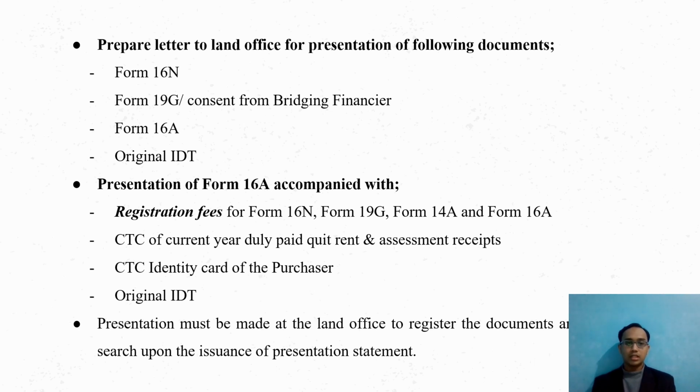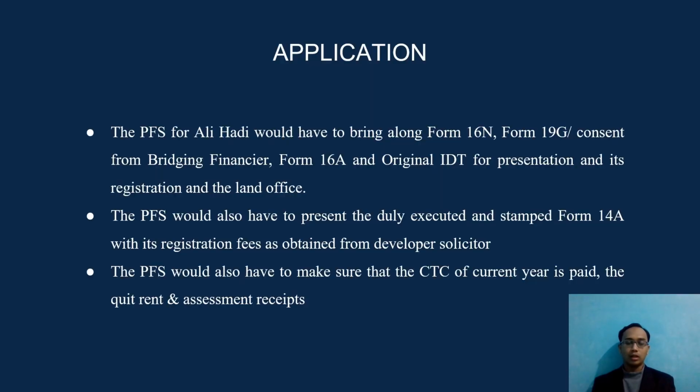Therefore, the purchaser's financial solicitor, Ali Hadi, would have to bring along Form 16N, Form 19G or consent from the bridging financier, Form 16A, and the original IDT for the presentation and its registration at the land office.